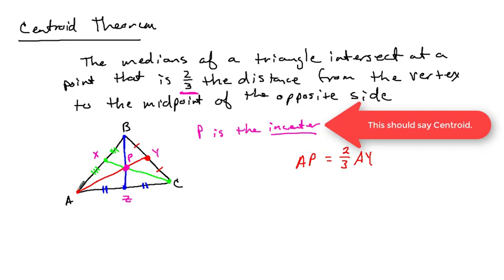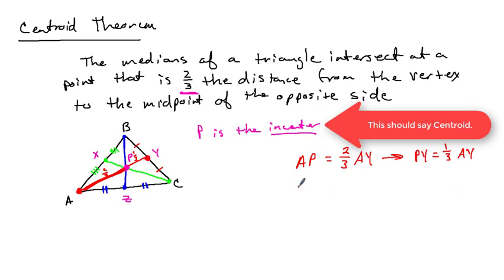So AP, from A to P, is 2/3. Well, that means that this part that's left over here is 1/3, right? So we could say that PY equals 1/3 of AY. The big piece is 2/3 and small piece is 1/3.